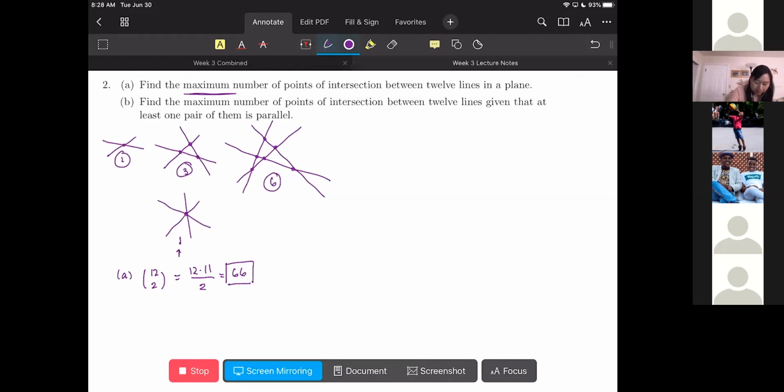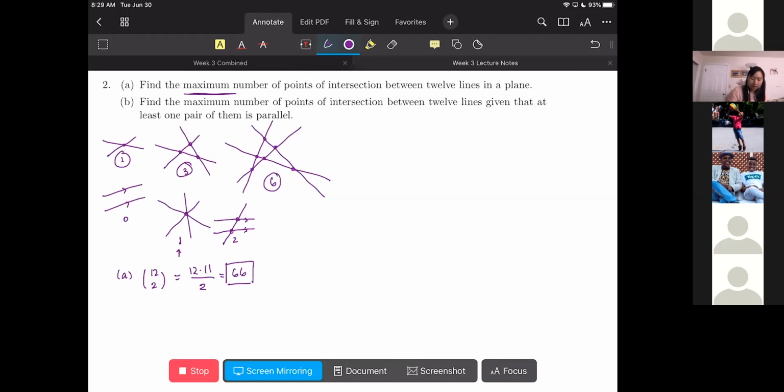Another way that would be not maximal is if you had 2 parallel lines and a third line, then you would only have 2 points of intersection if there were 3 lines. Similarly, if there are 2 lines, you can either have 1 point or you have 0 points if they're parallel. Okay, thank you. So if we want maximum, we have to basically have all of them intersect all of the other ones.